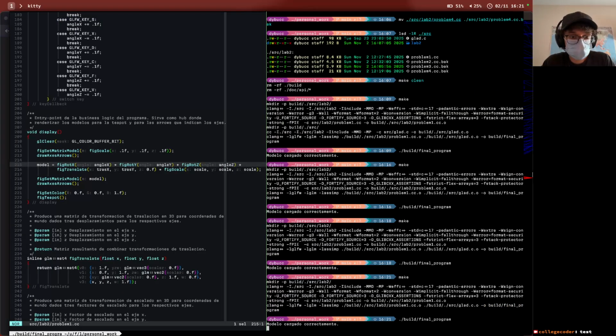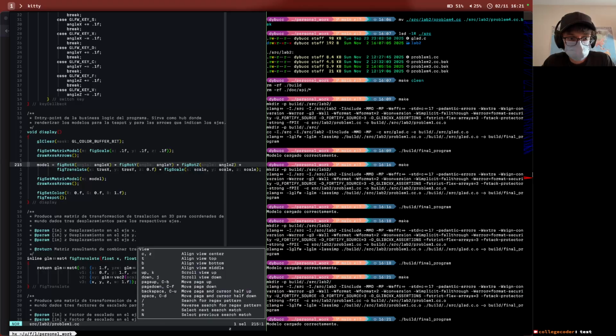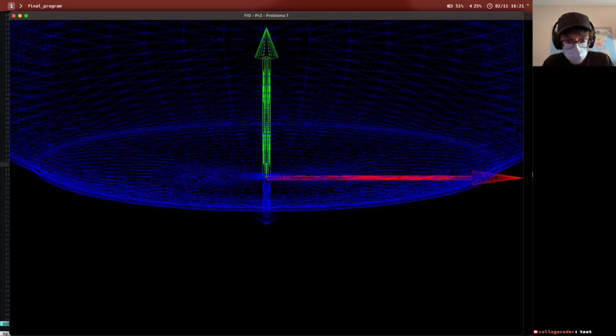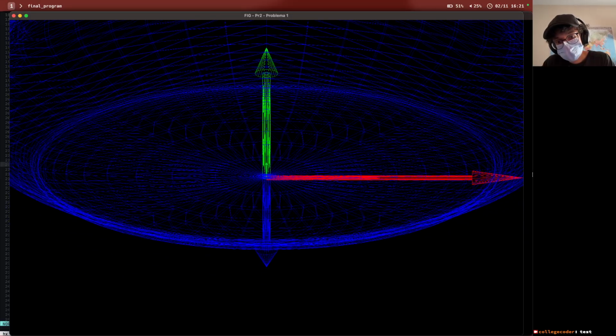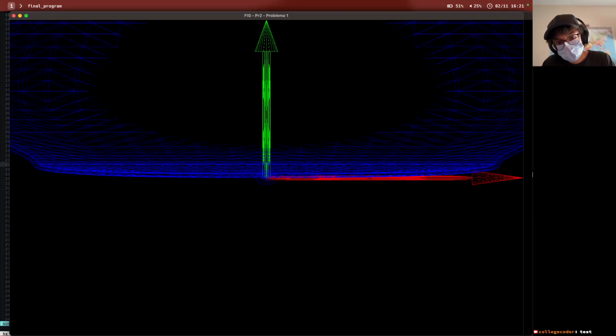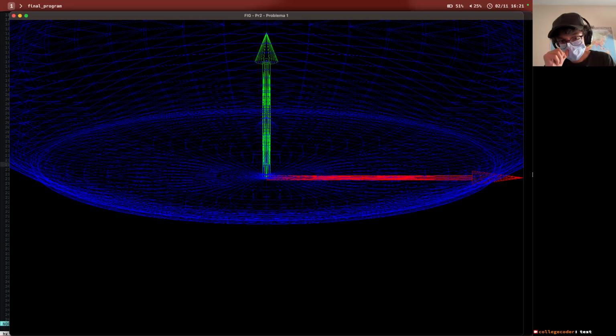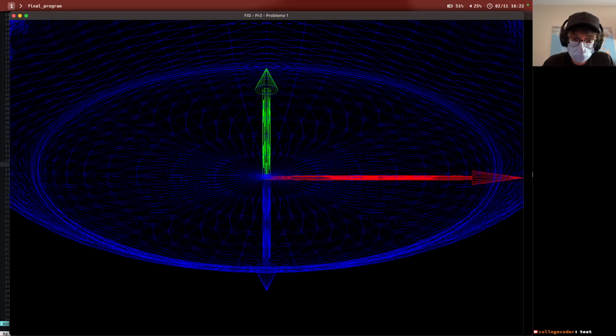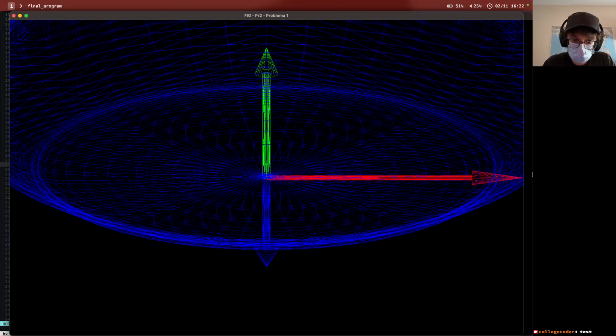For some reason, when I rotate on the x-axis and I go down, instead of having the z-axis, you'd expect that if I add to it, if I rotate positively, it goes that way.